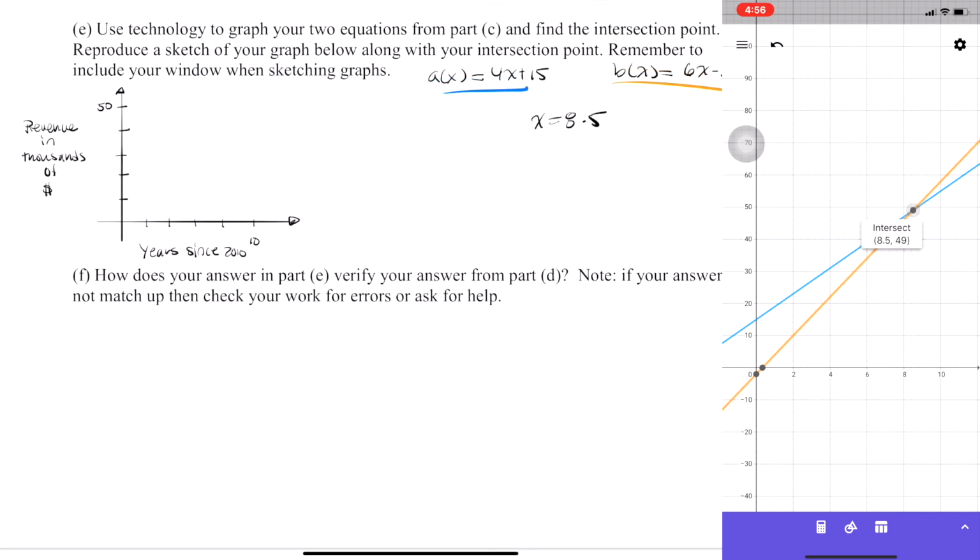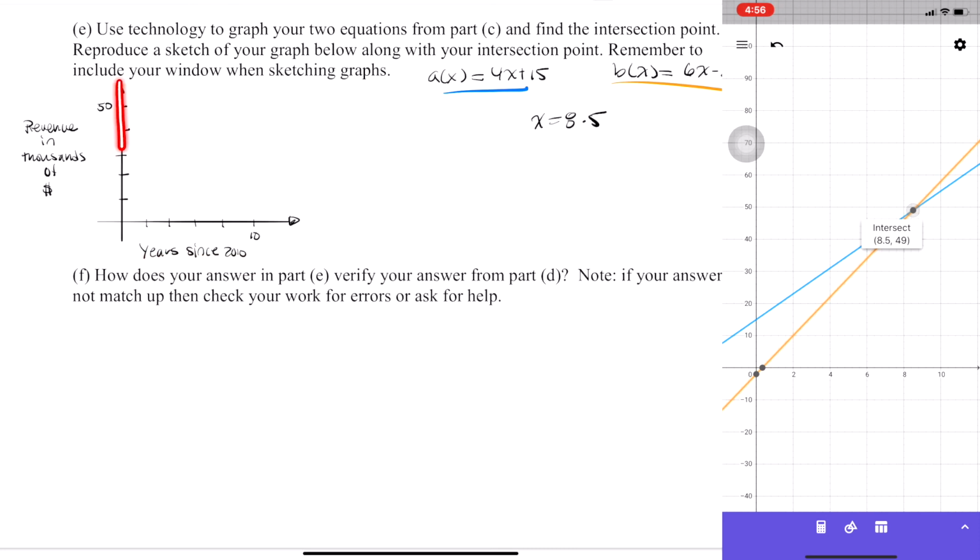And this sketch should give you a great idea of what I'm actually looking for when I grade these. I have an x-axis that is clearly scaled, so each of these dashes represents 2 years, since I go from 2, 4, 6, 8 to 10. And this is labeled as years since 2010.